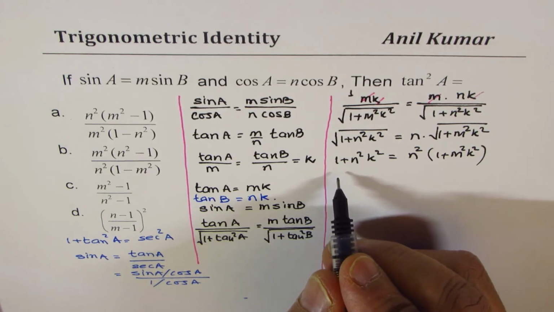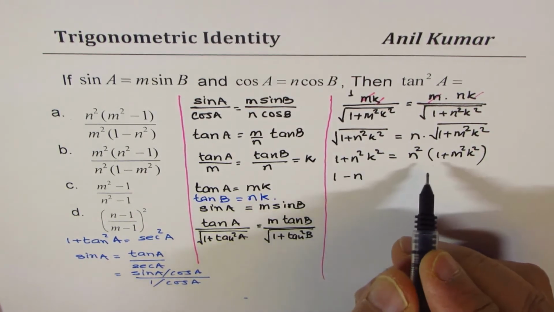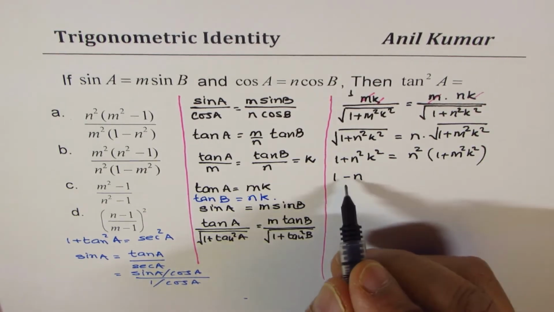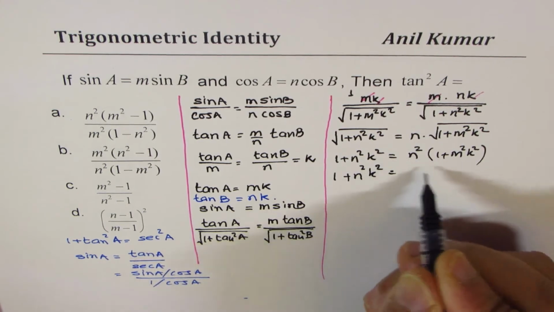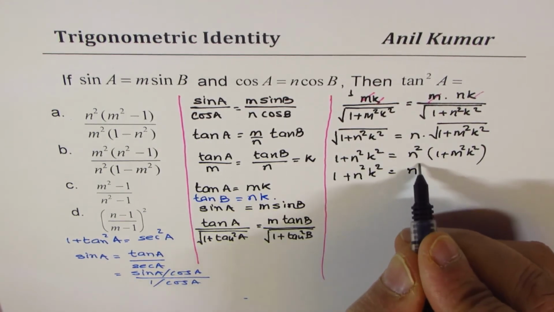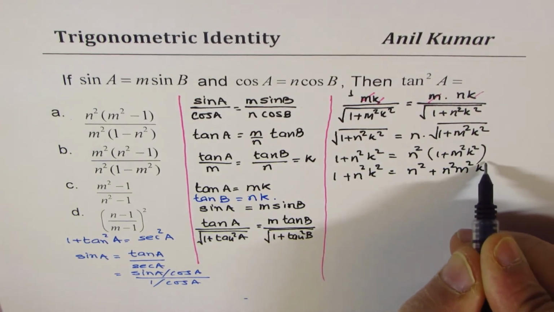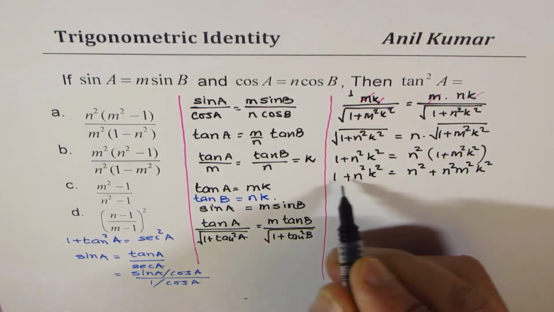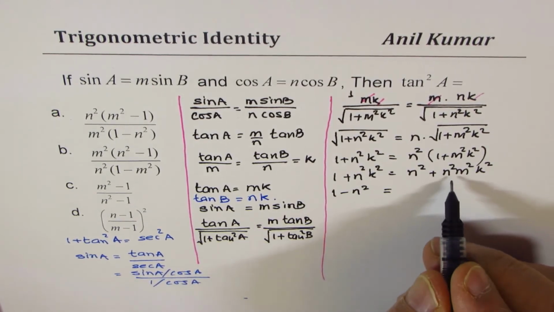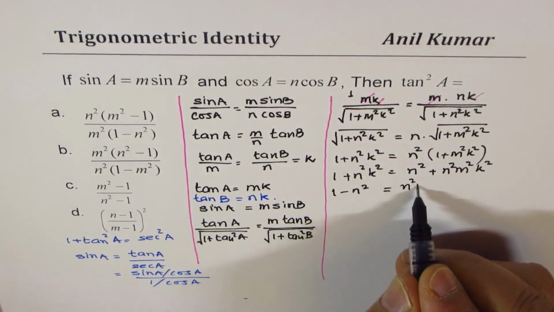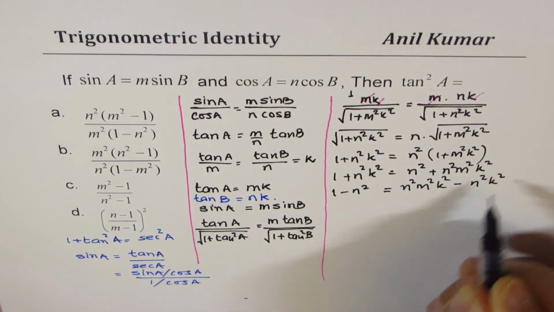Let me open the bracket: n square plus n square m square k square. Perfect. Now we'll bring n square to the left. 1 minus n square equals n square m square k square minus n square k square.